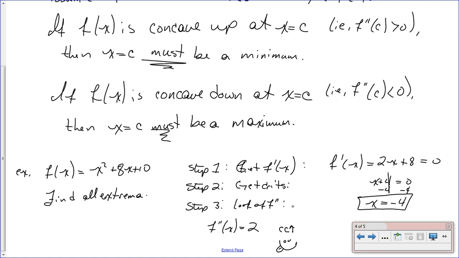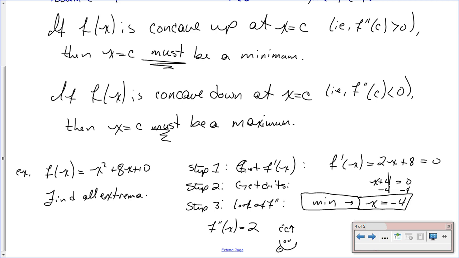Since it is concave up, if you look back up here, if f of x is concave up at x equals c, then x equals c must be a minimum. So therefore, x equals negative 4 is a minimum. And that is our answer. We have a minimum at x equals negative 4 because our graph is concave up at x equals negative 4.